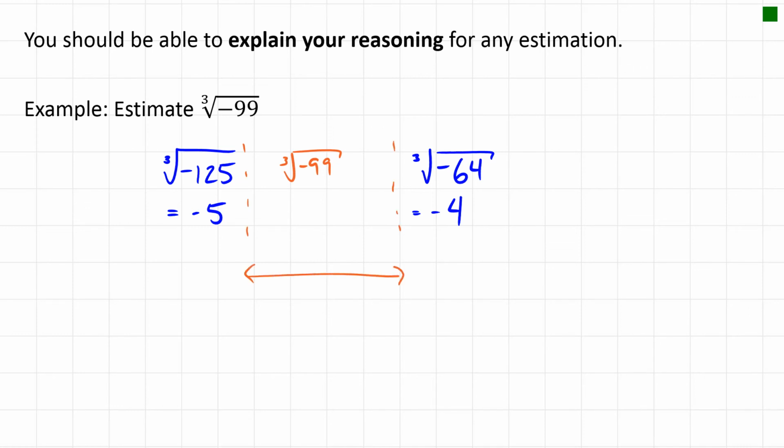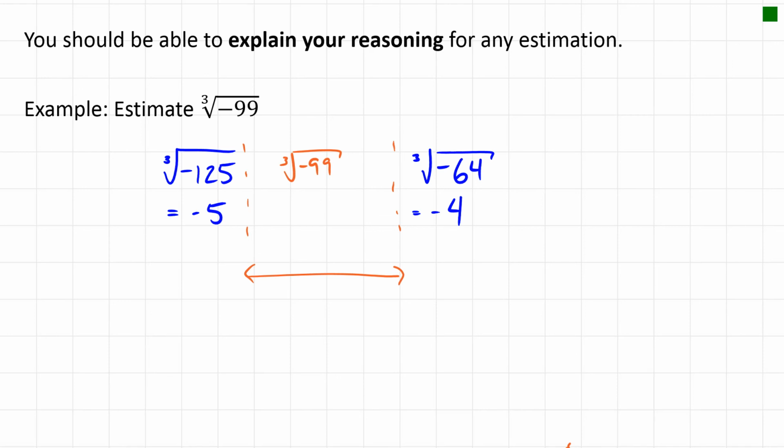And where is -99 compared to -125 and -64? It seems pretty close to the middle to me. So this is about -100, which means that it's about 26 away from 125, and 99 is, I guess, about 46 away from 64.